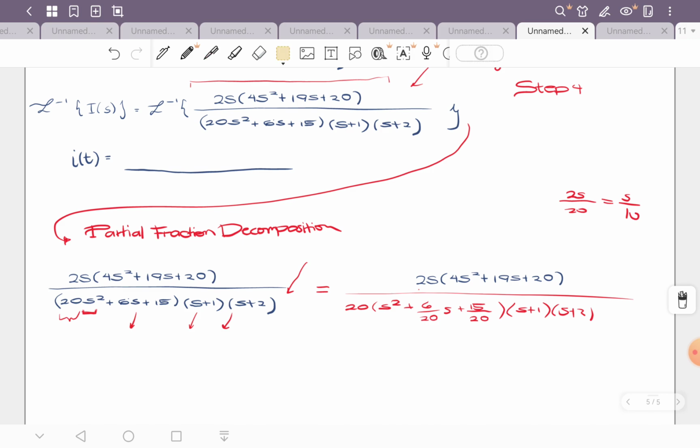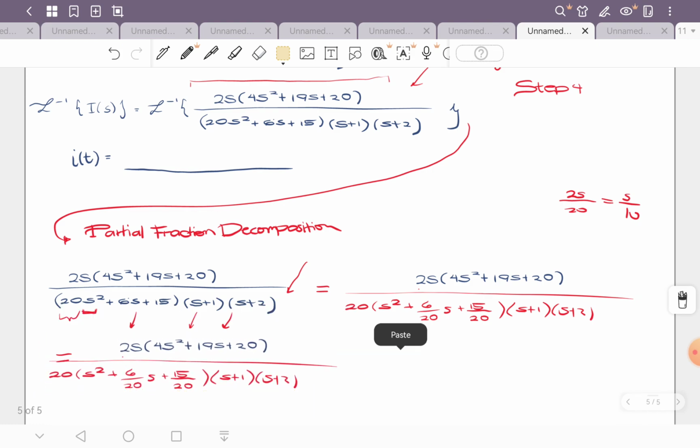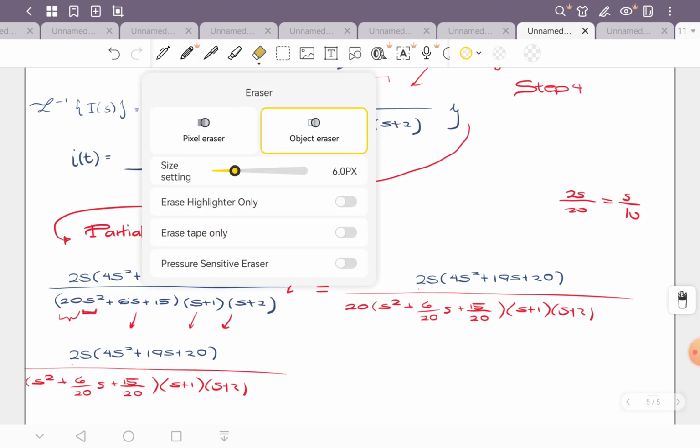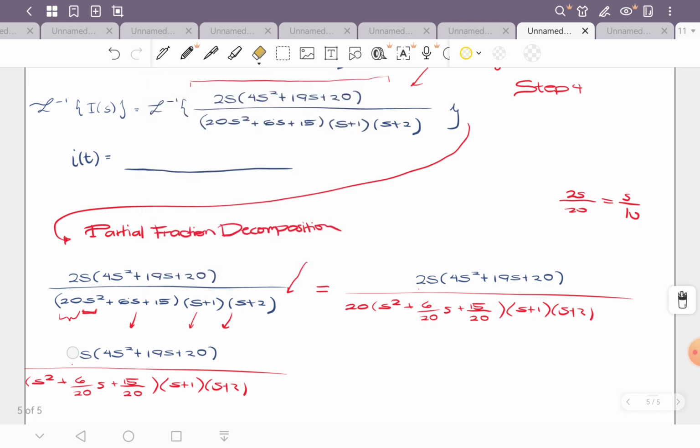So instead of 2s over 20, we write s over 10. Now we can proceed to partial fraction.